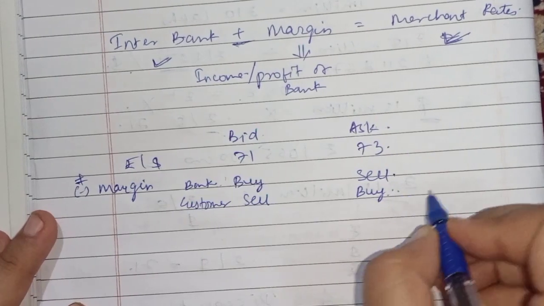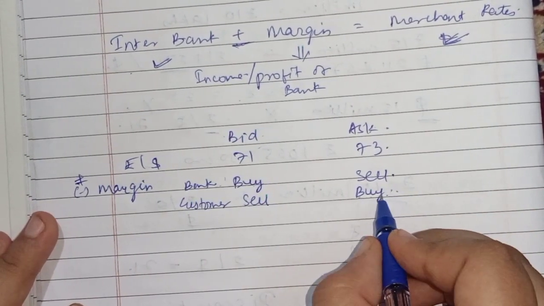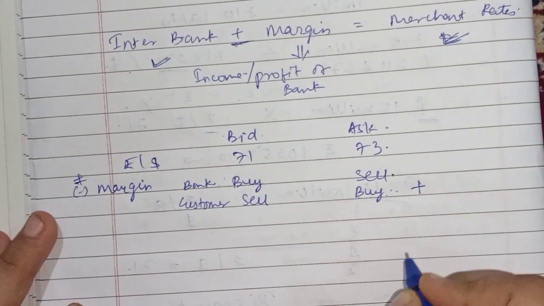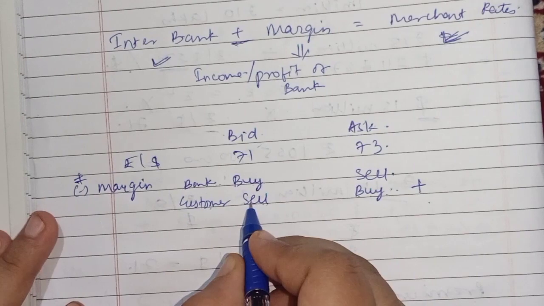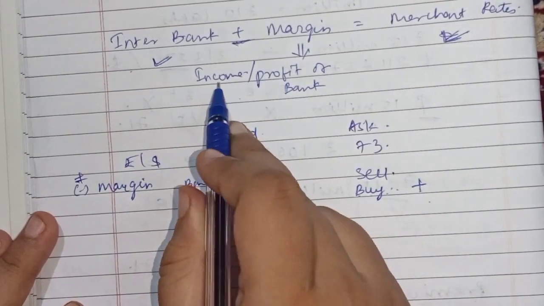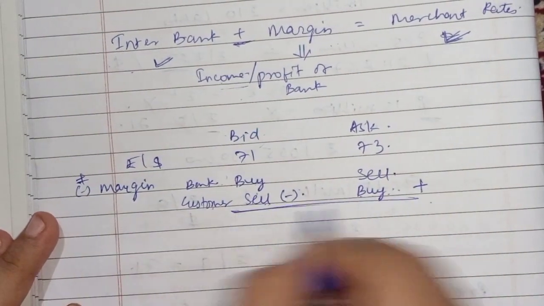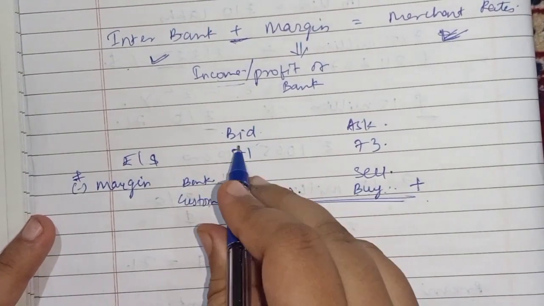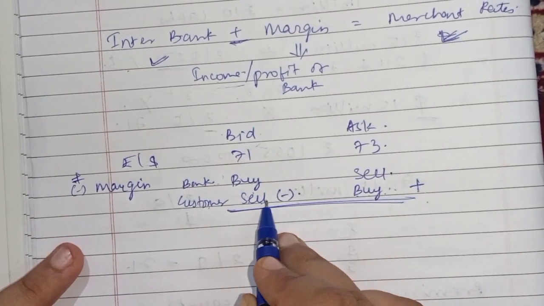So when we are entering into a buying transaction with the bank, we will pay the margin. So we will add it here. And when we are selling a currency to the bank, to give the bank its income, we will subtract it. So you have to remember that while computing the bid rate, we have to subtract the margin amount, because it is the income of the bank.